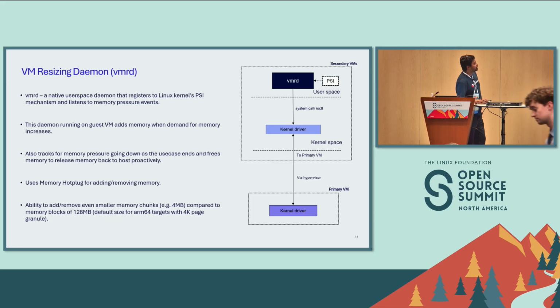In the kernel driver, we use something called memory hot plug to add extra memory and also to remove that extra memory later. I will explain the technical aspects in more detail in later slides.